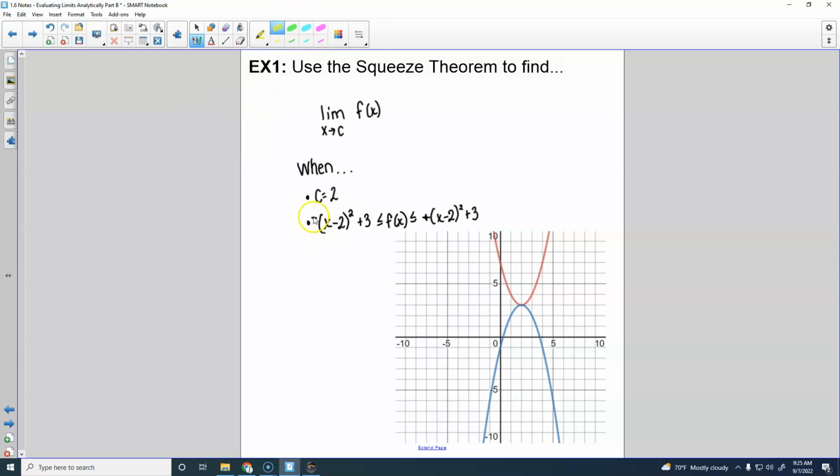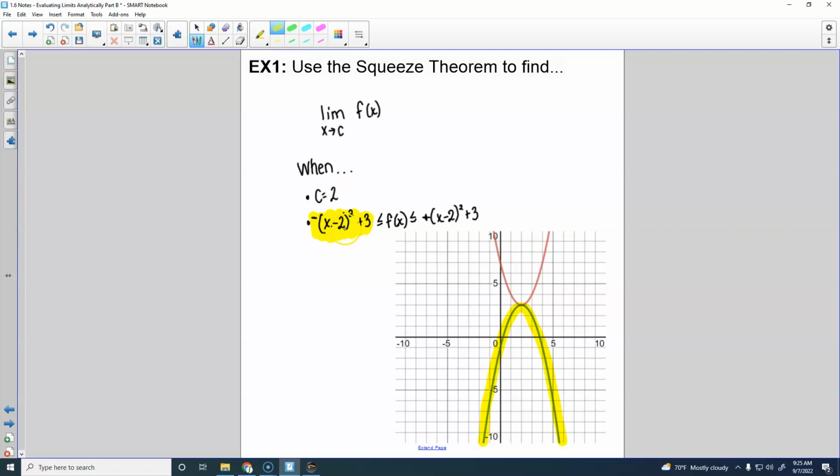Let's start with this. Negative (x minus 2) squared plus 3. What does the graph of that look like? Okay, it's our blue. It is a parabola because it's got that squared.